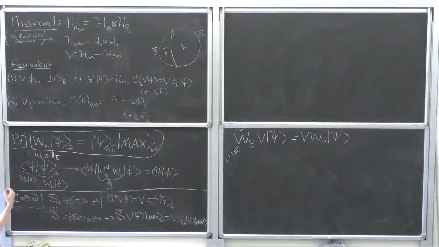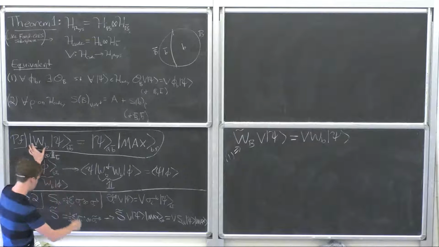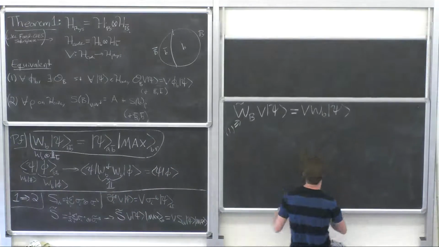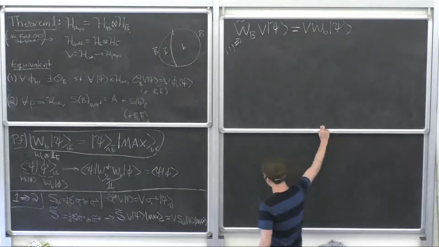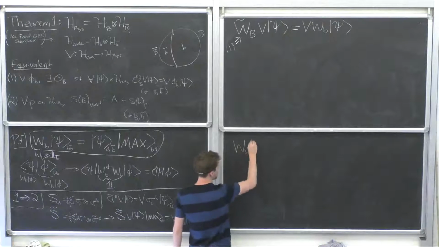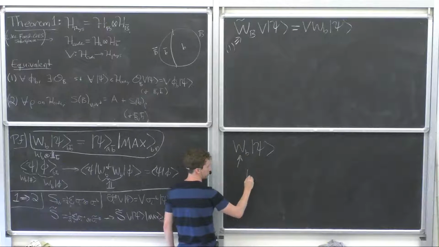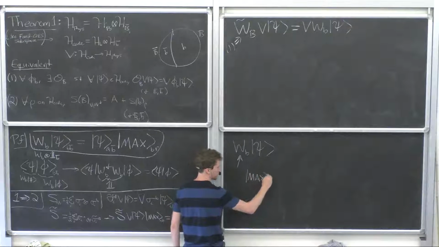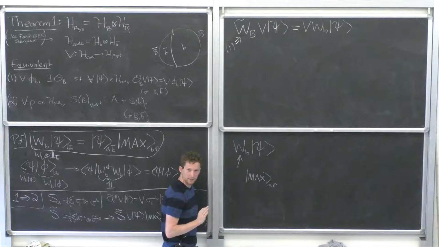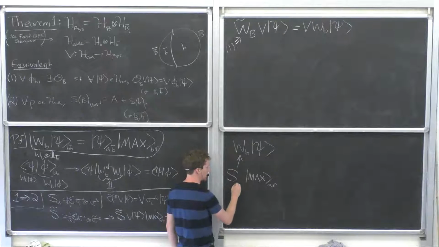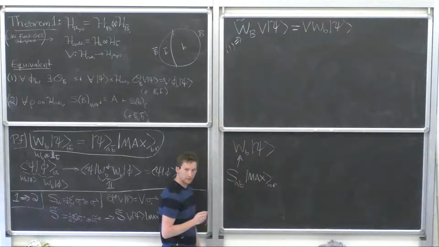In the first step, I should draw this here. If you act WB on psi, WB was defined as you introduce first this maximally entangled state on the 2 copies, little a and little r, and then you act the swap on little a, little b.